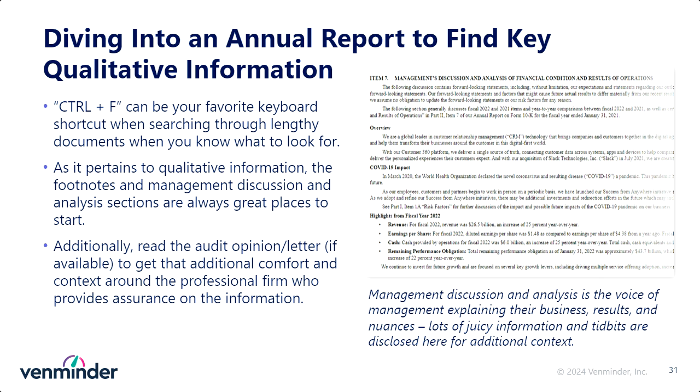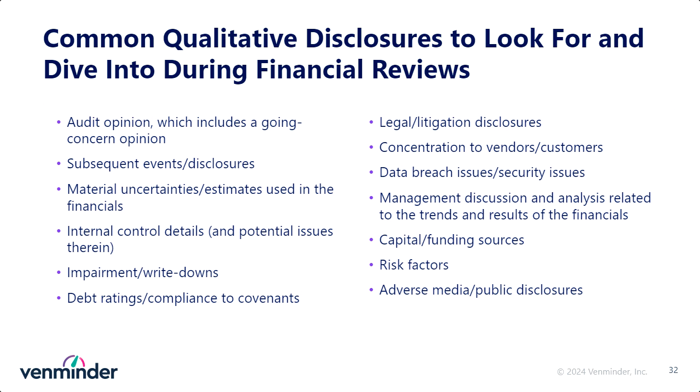Now that you understand how to find some of this information, here are some common qualitative disclosures to look for and dive into during your financial reviews. That audit opinion is important. Subsequent events and disclosures are important. Any sort of uncertainties or estimates that the vendor uses are important. Any sort of reviews on internal controls.